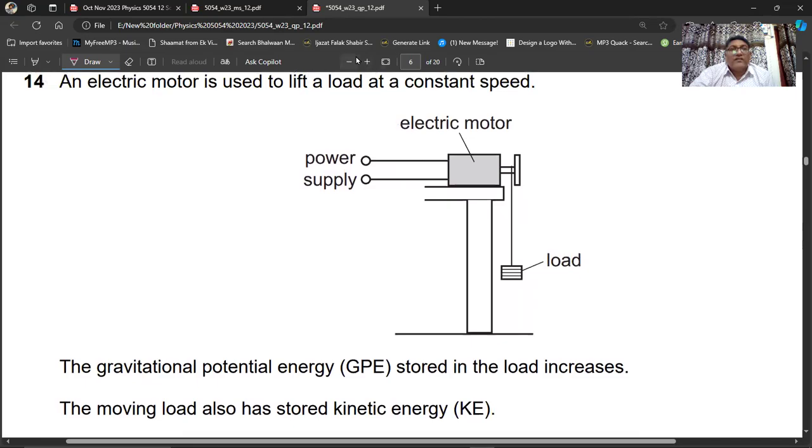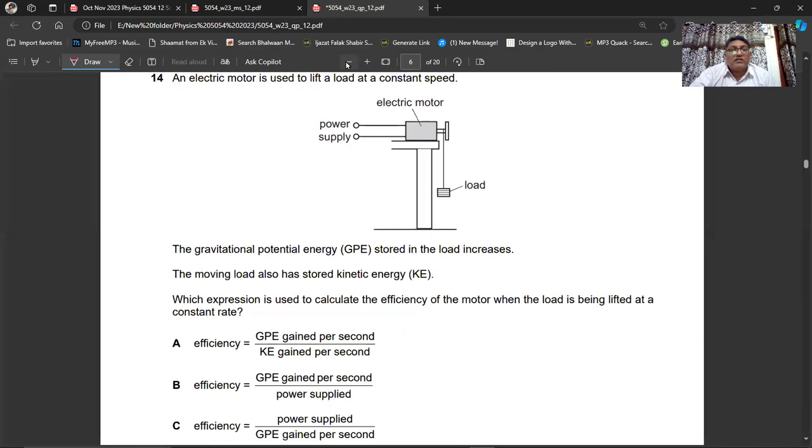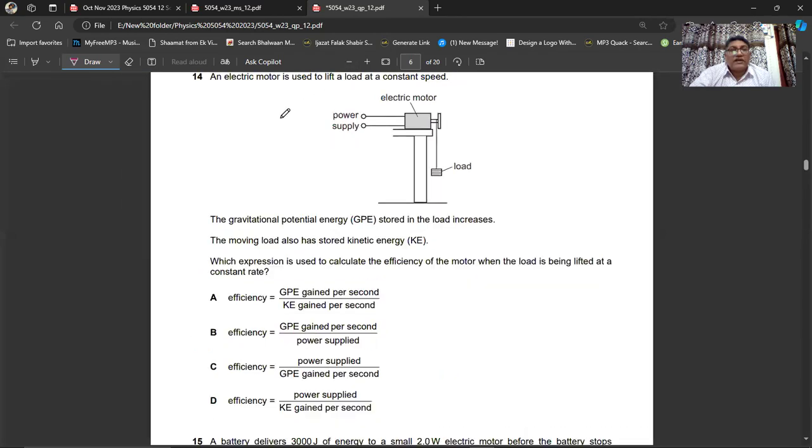So here we have the next question. An electric motor is used to lift a load at a constant speed. So here we have an electric motor lifting a load vertically upward.